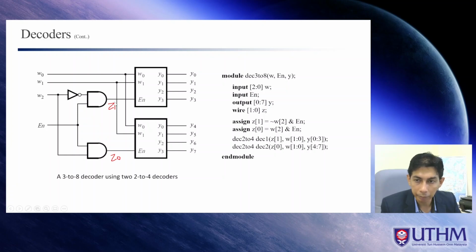So to describe Z1 is easy. You can use structural modeling or data flow modeling like this. This is data flow modeling, right? For data flow modeling, you need to have this assign keyword, right? So Z1 is equal to not W2 and EN.